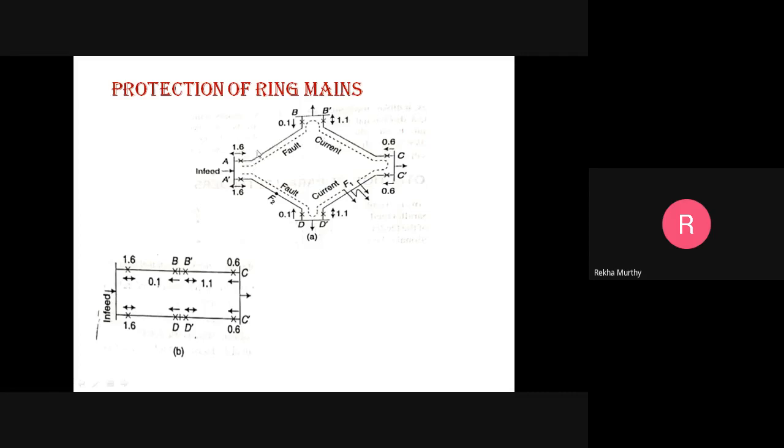So to make it very simple, we have drawn it in the parallel way as we studied in the previous slide.